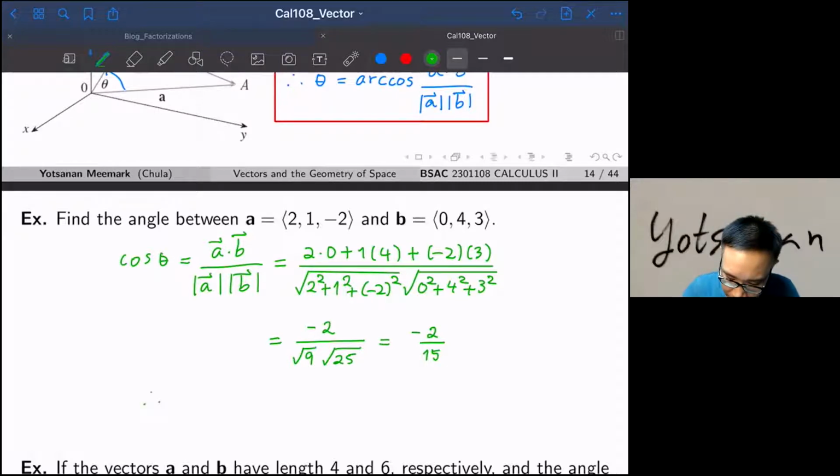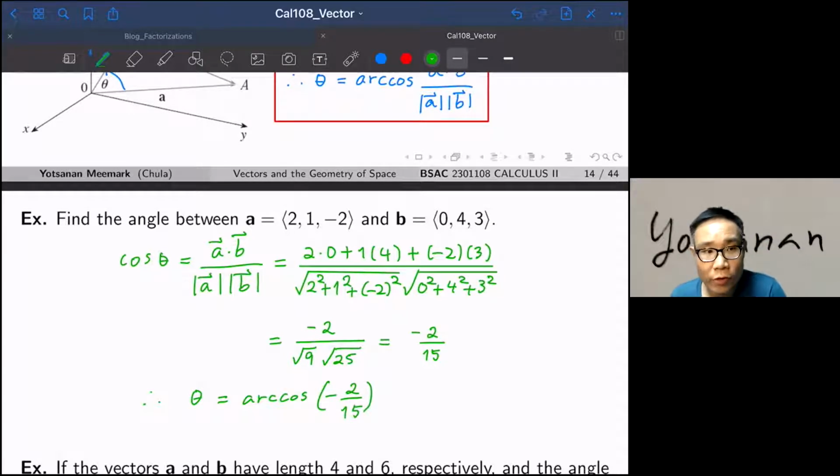So you answer theta in terms of arccosine of negative 2 over 15. We don't need to simplify this any further. So it's just arccosine of negative 2 over 15.